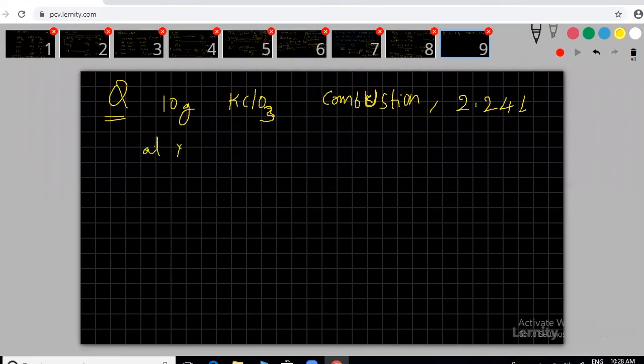NTP or STP are almost the same, no difference.